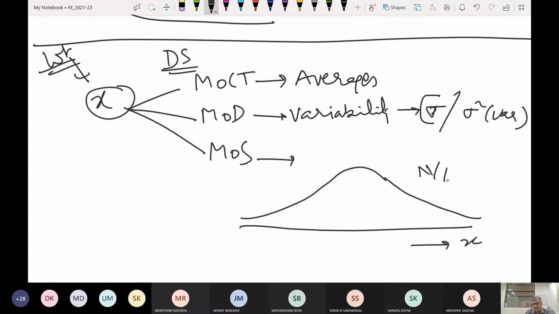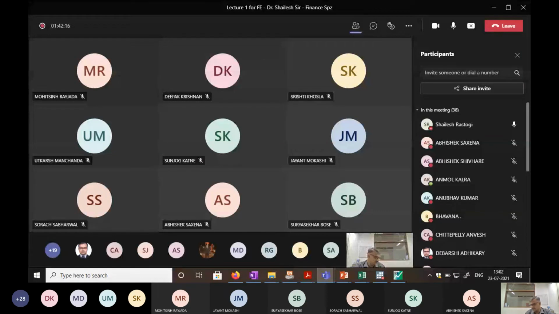So this is a normal distribution shape. Whether they are symmetrical about the mean value of the variable. Still we are talking about a single variable. Shape of distribution of a particular variable is the third description of the variable. Are you clear with this? Yes.